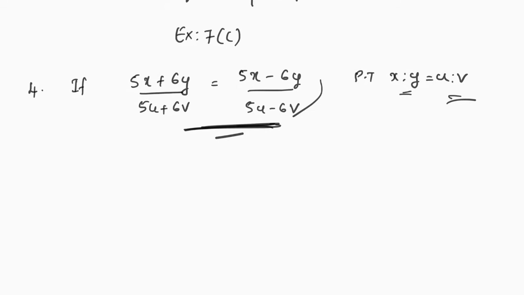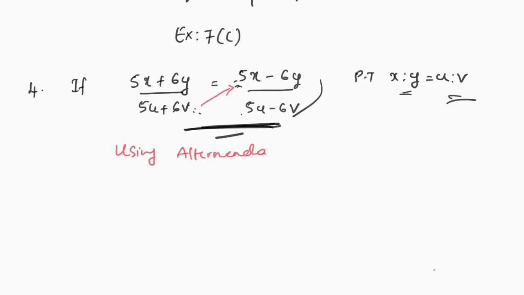First of all, let us make the x and y terms on one side and the u and v terms on the other side. Which property can we use here? We need to shift these terms, so we can use alternando.